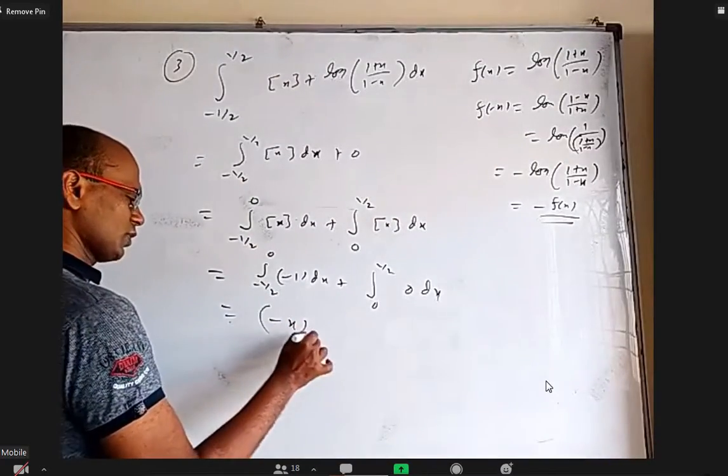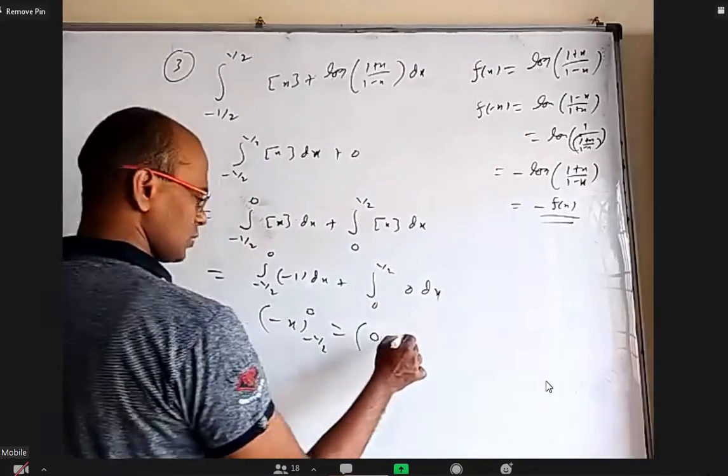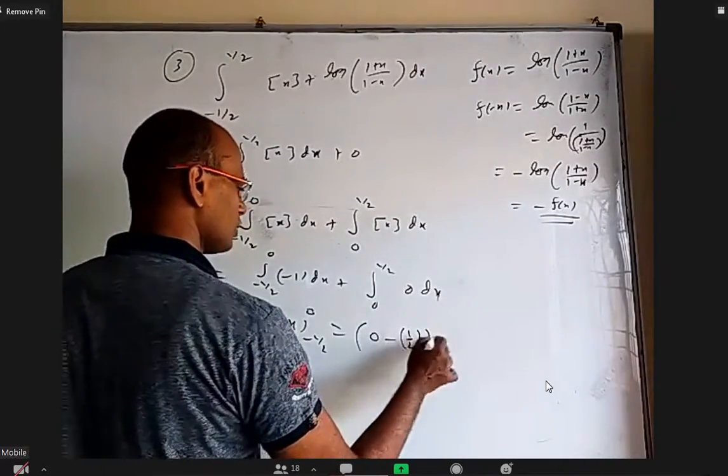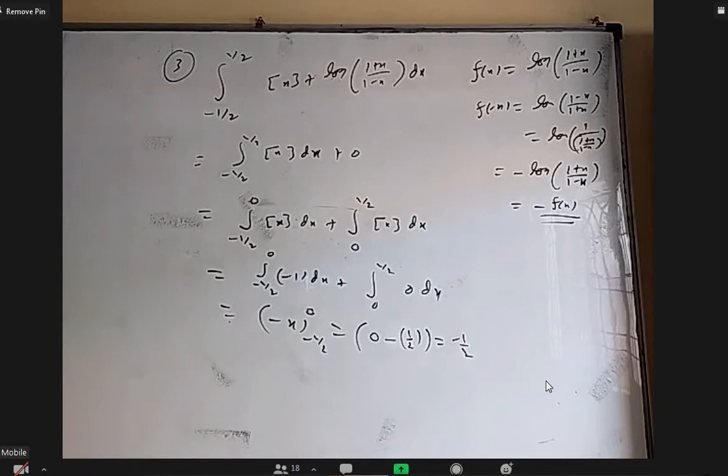Then minus x from minus 2 to 0: when I put 0, you get 0; when I put minus 2, you get finally minus 2. So you just have to split the integral. Whenever the function definition changes and it has different definitions at different intervals, we need to break.